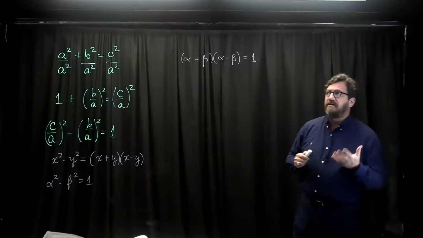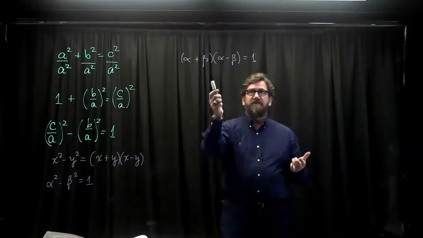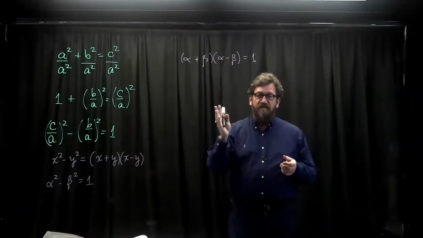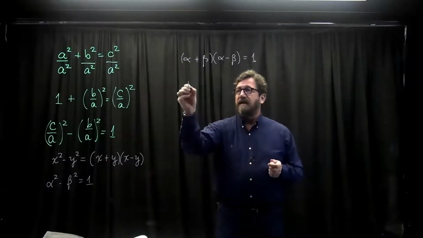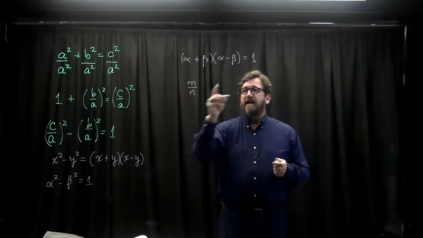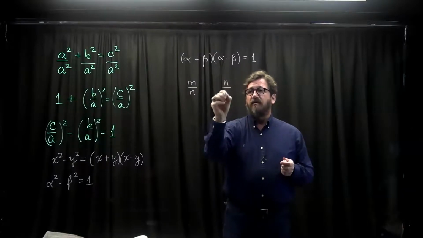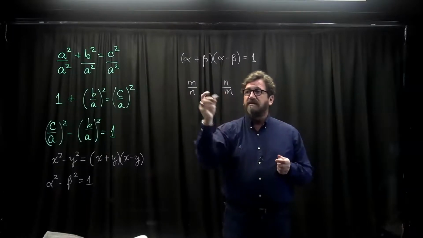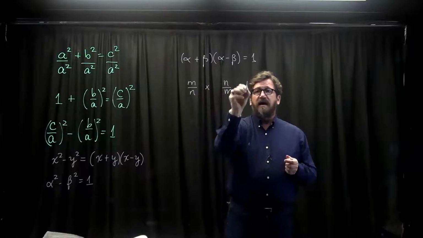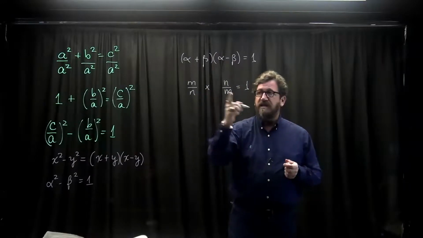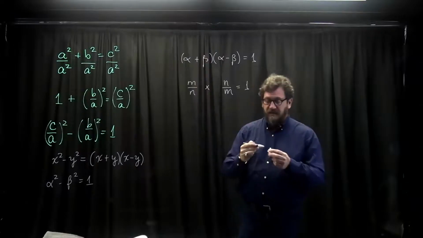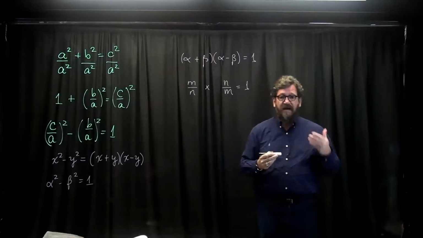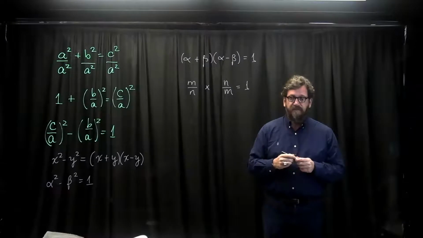And so we understand that if I have two numbers that multiply to 1, one of these numbers has to be a rational number, namely an m over n, and the other one must be n over m, because that's the only way I get to 1, is if these two factors are reciprocals. Therefore, alpha plus beta is the reciprocal of alpha minus beta.